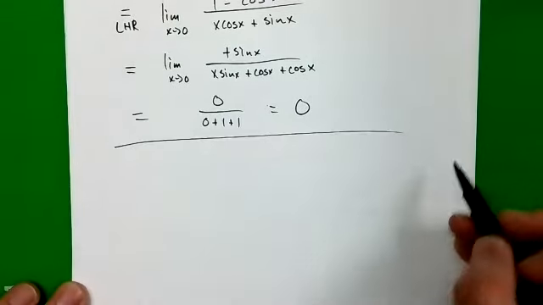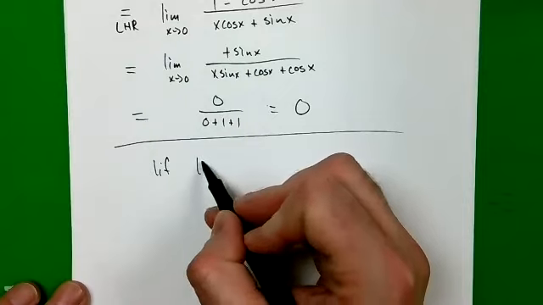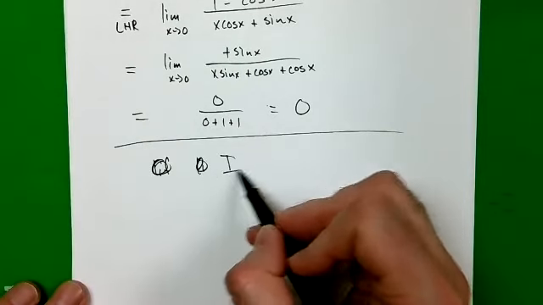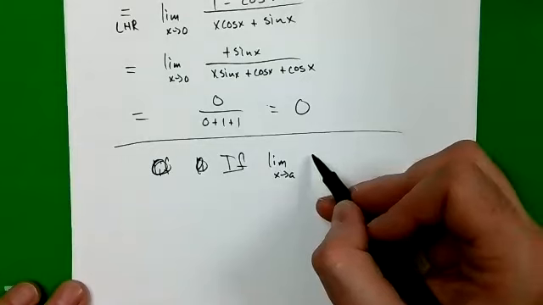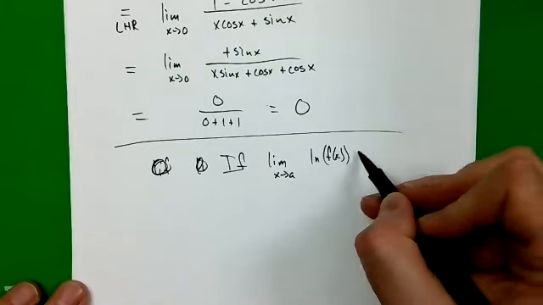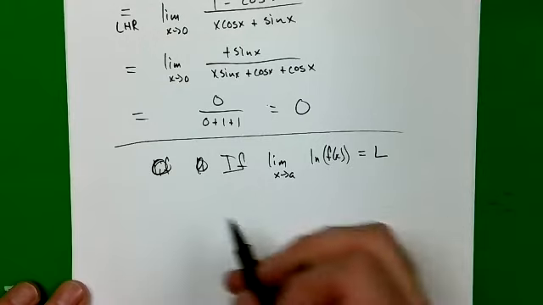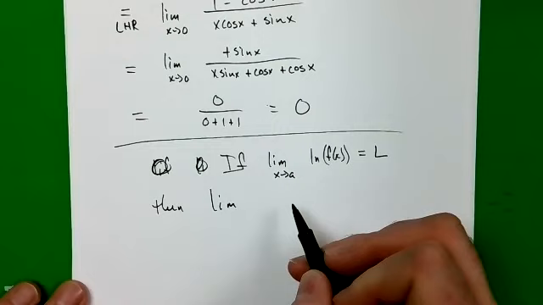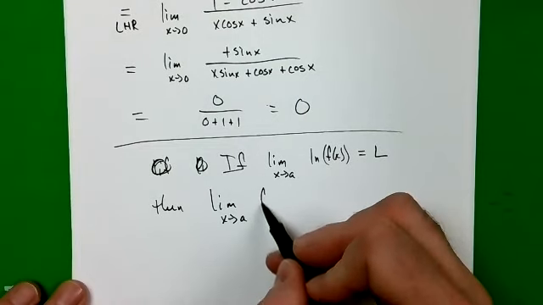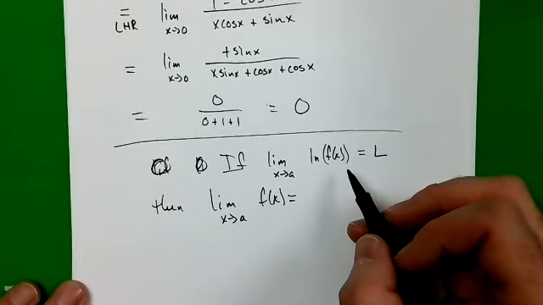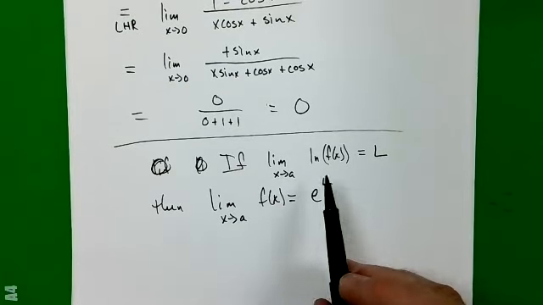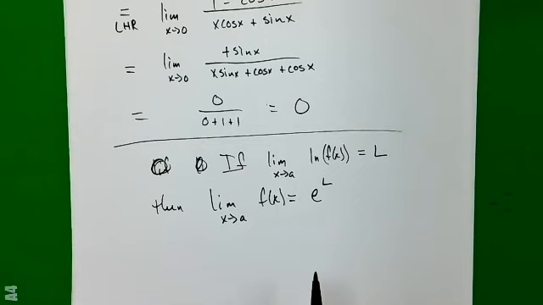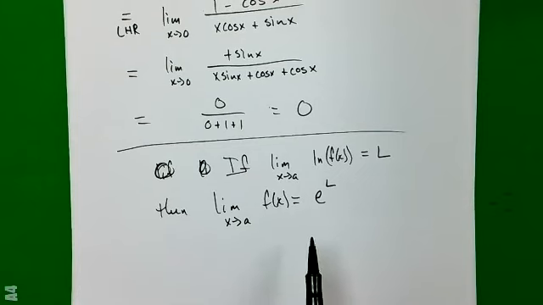We have a property that says if the limit as x approaches a of the natural log of f of x equals L, then the limit as x approaches a of f of x equals e to the L. Essentially, we can pass the natural log through a limit, or we can pass an exponential through a limit. This happens because they're continuous operators and they work very nicely.